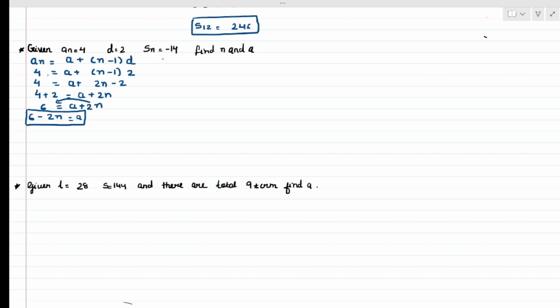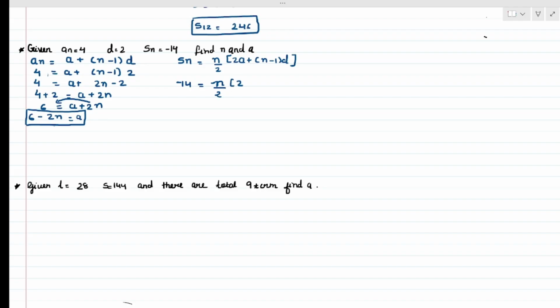Now, what is the other thing I have been provided over here? My value of Sn. Write down the formula of Sn. Sn is equal to n upon 2 times (2a plus (n minus 1) d). What is my Sn? It's minus 14, is equal to n, we don't know, therefore you will write over here n upon 2a.